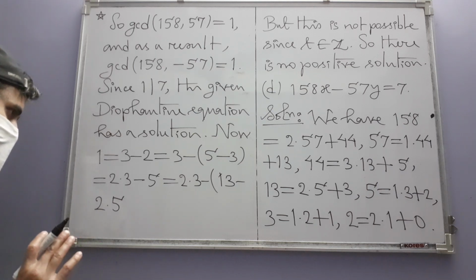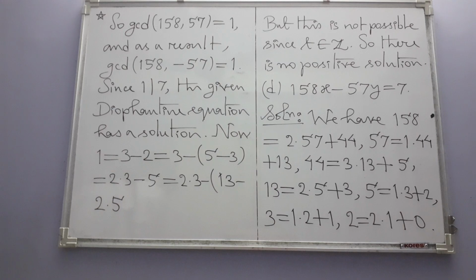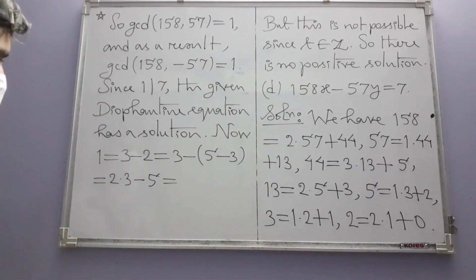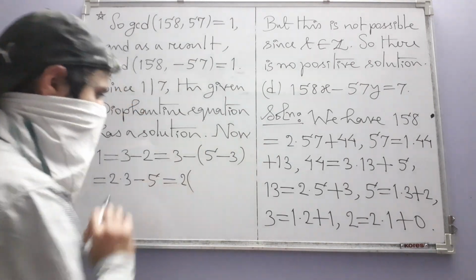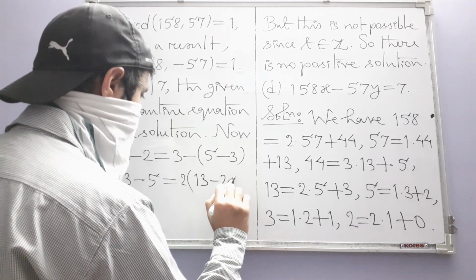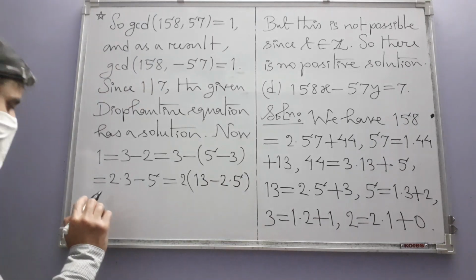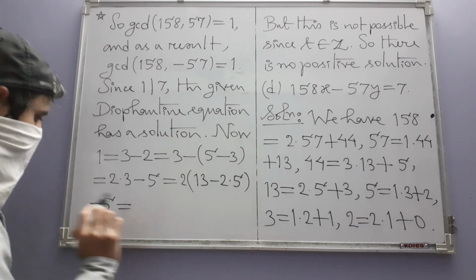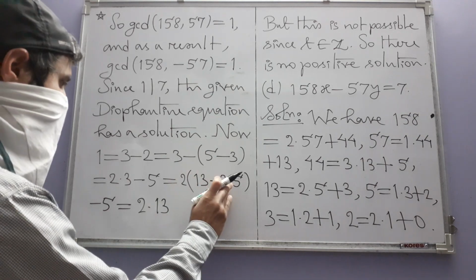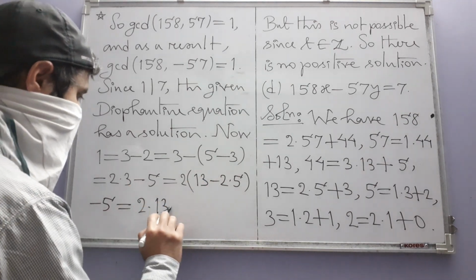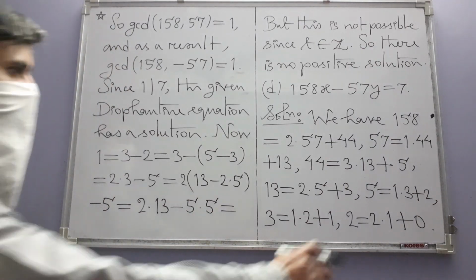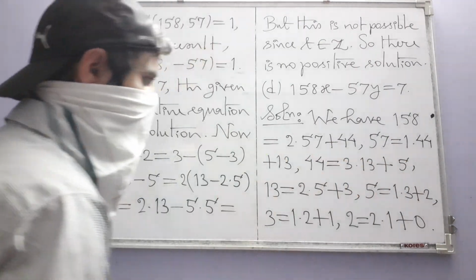I am replacing 3 with 13 minus 2 times 5. Okay, so this gives me 2 times 13 minus 4 minus 1 is minus 5. Now I replace 5 with 44 minus 3 times 13.